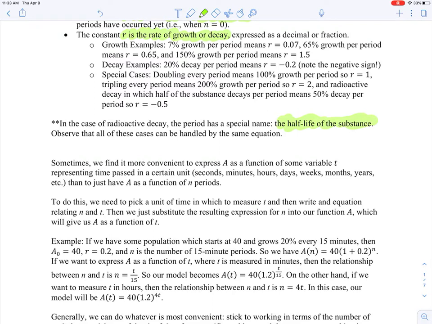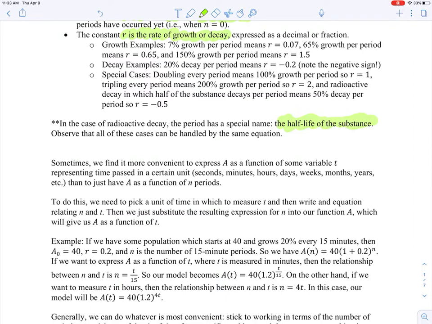Sometimes we find it more convenient to express A as a function of some variable t representing the amount of time passed, whether we want to represent time in seconds, minutes, hours, days, weeks, months, years, rather than just having A be a function of the number of periods that have occurred.